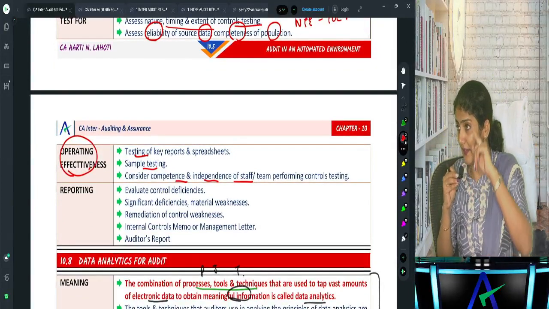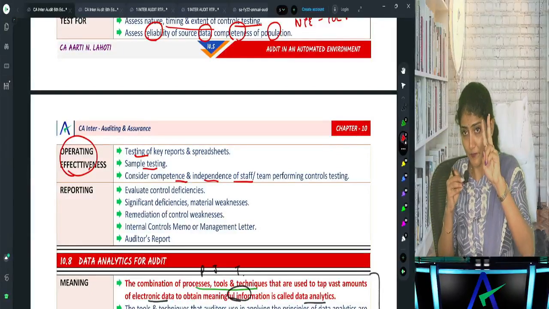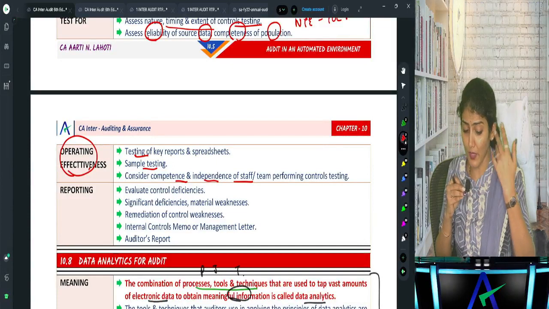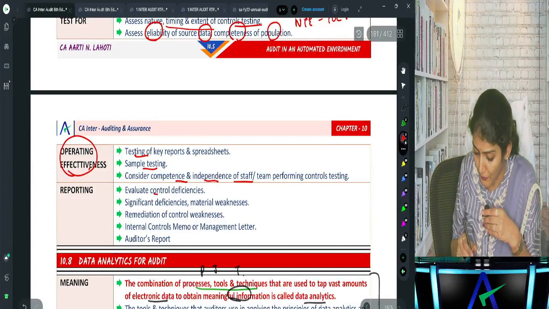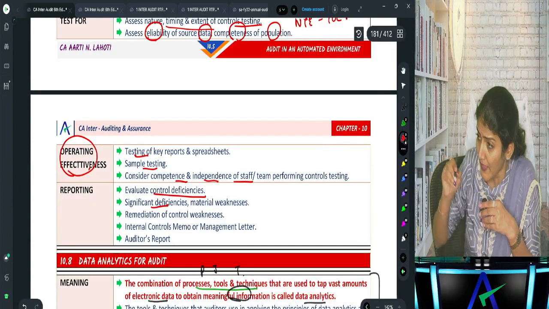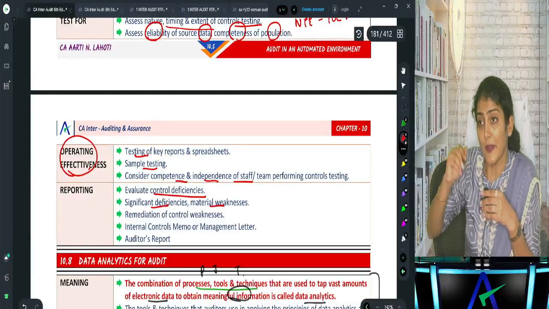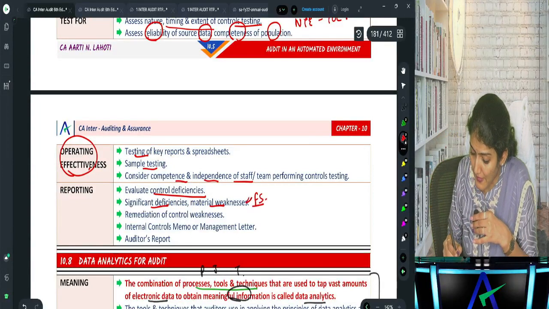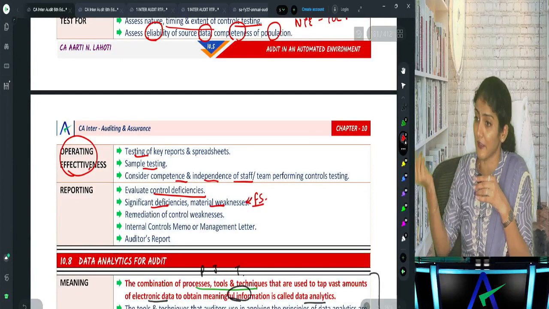Are you understanding? Risk assessment, then understand and evaluate, then test for OE, and now coming to the reporting. Reporting means what? You've identified a control deficiency. You have to check whether it is a significant deficiency or a material weakness. If the deficiency could affect financial statements, then we consider it to be a material weakness.